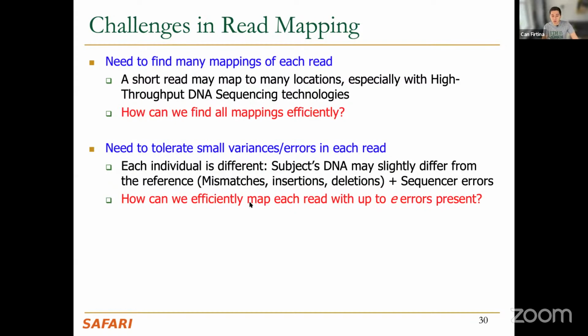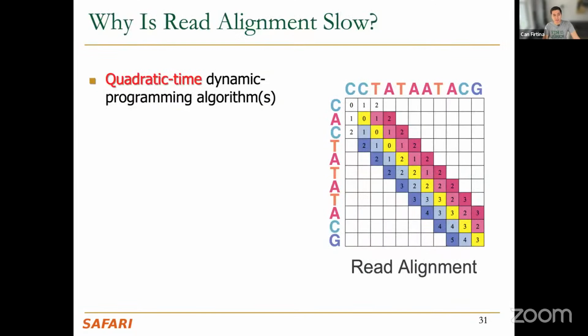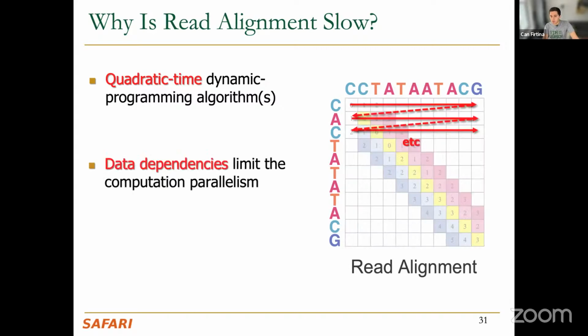And that's why we want to tolerate the mismatches between a read and a reference genome. And this means that we need to apply some alignment algorithms to do so, which is costly. And we need to do them really fast. Read alignment is costly because it is a quadratic time dynamic programming algorithm, because we fill up the table, and also it has data dependencies.